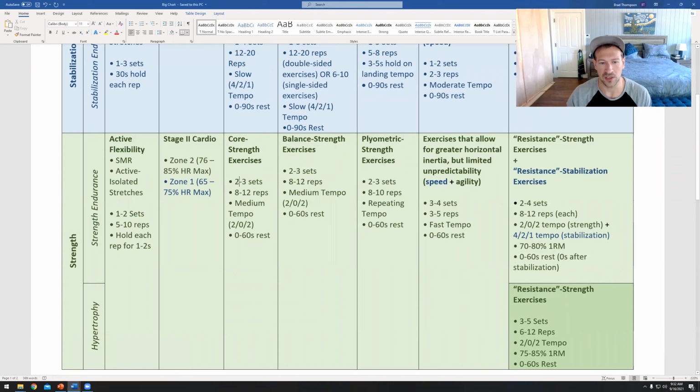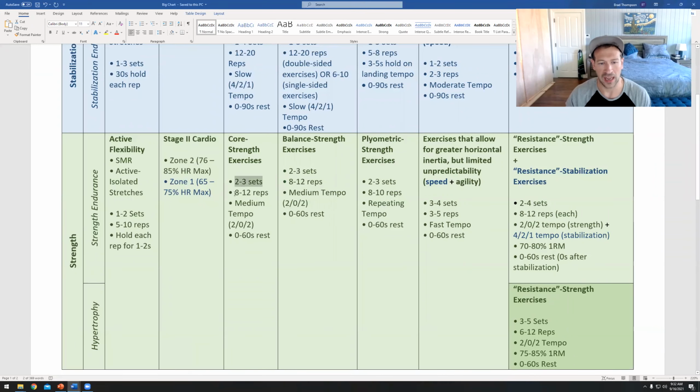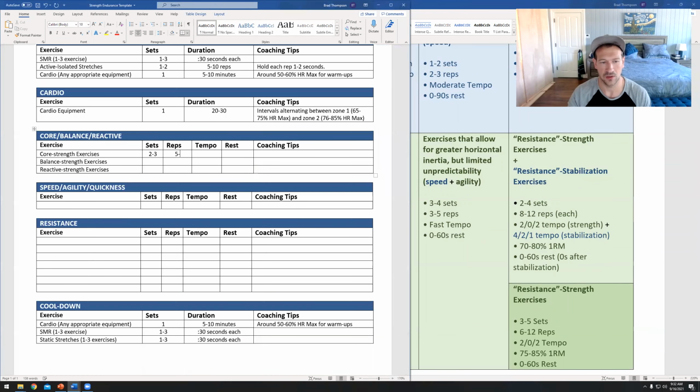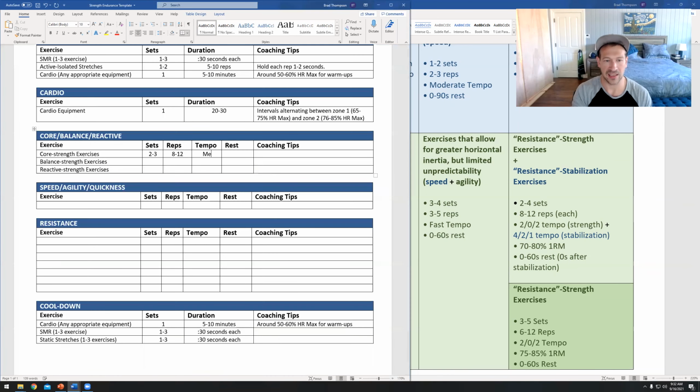Well, it's going to be 2 to 3 sets for 8 to 12 reps at a medium tempo. So really that's like a 2-0-2 tempo, or 1-2-1-2, or maybe 1 and then pause for 1 and then back down. Just any sort of medium tempo there.